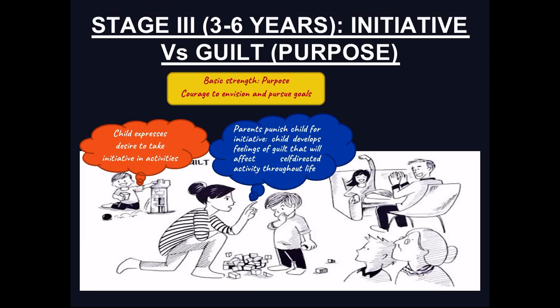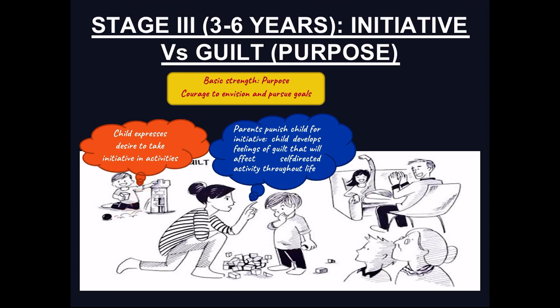So the third stage is 3 to 6 years, which is initiative versus guilt. Basic strength is purpose. Now the child expresses desires to initiate new activities, like playing with new kinds of toys, doing more activities, drawing, playing with blocks, making different types of things with the blocks.